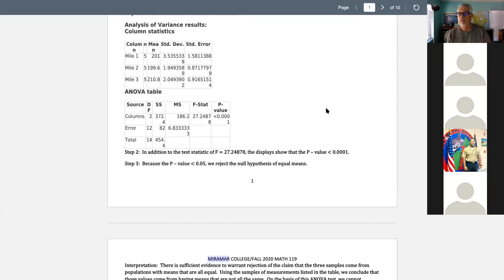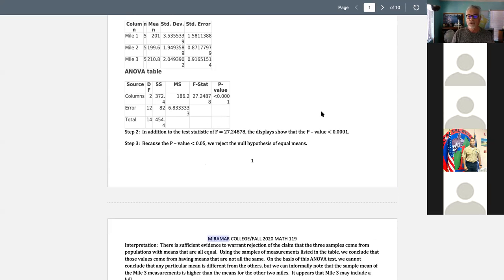And remember, the t distribution was really a family of distributions. So was the chi-square. This new distribution, F, is also parameterized by degrees of freedom, and I'll get into that as we explain this solution here.